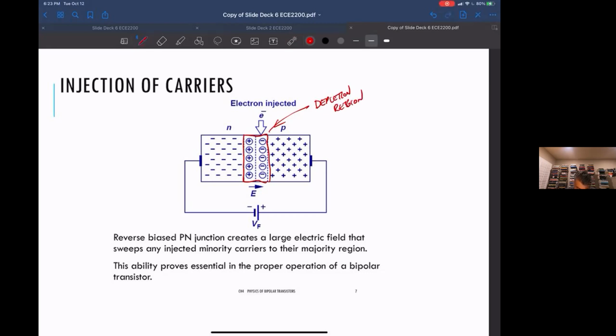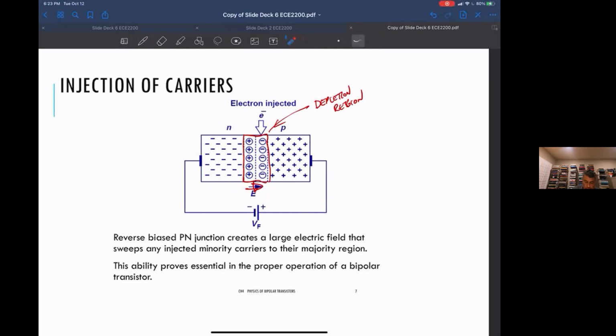This depletion region has a built-in electric field caused by the non-mobile, stationary plus ions on the N side and the minus ions on the P side, so there's an electric field pointing this way.